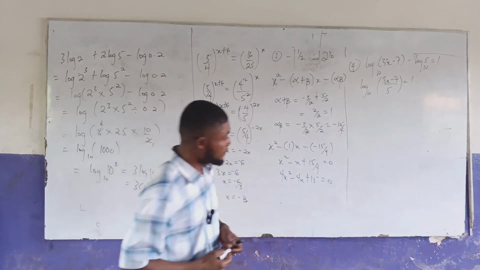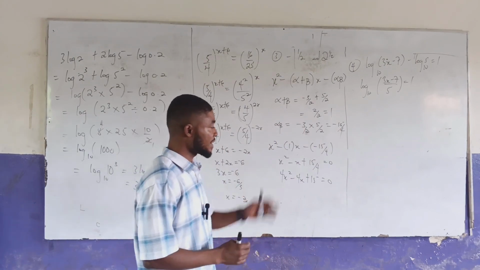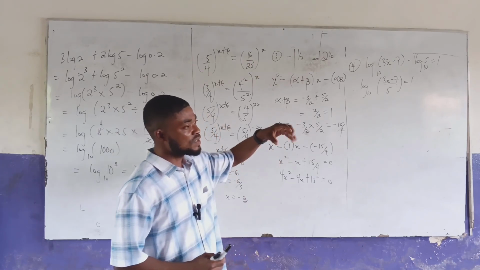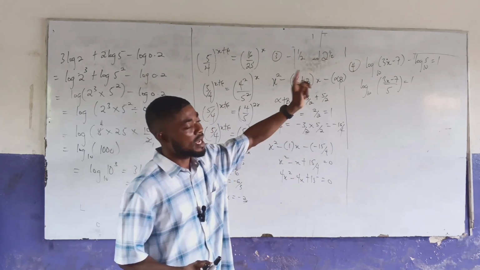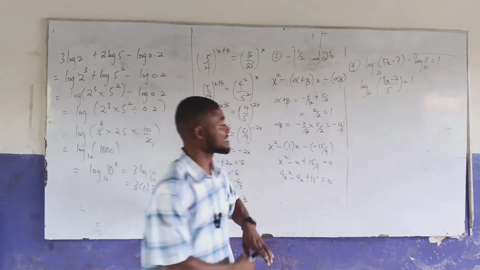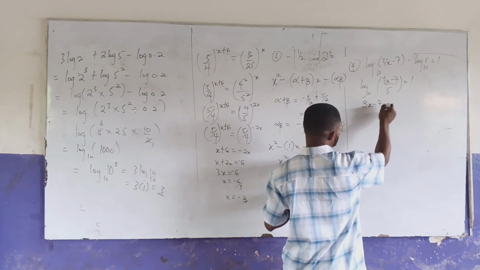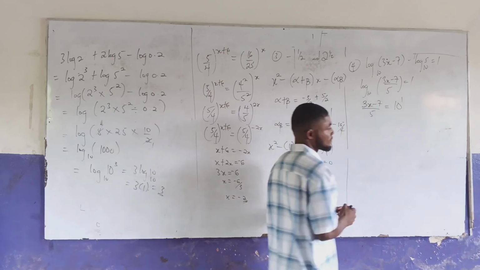From here we go back to the concept of indices. It is from indices that we get logarithm. So if we have a concept of this nature, the number standing alone is equal to the base raised to the power of the number on the right hand side. And so this is going to be 3x minus 7 all over 5, giving us 10 exponent 1.